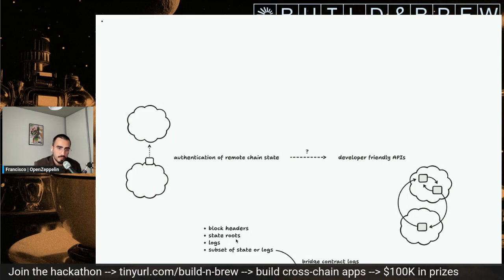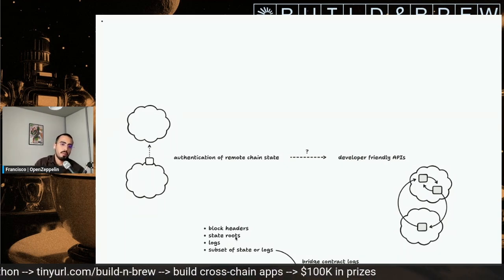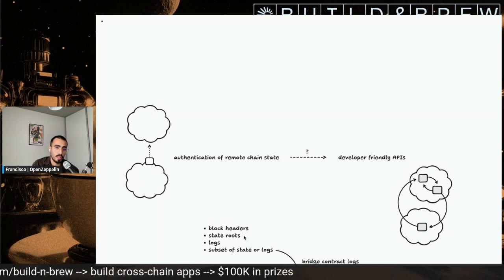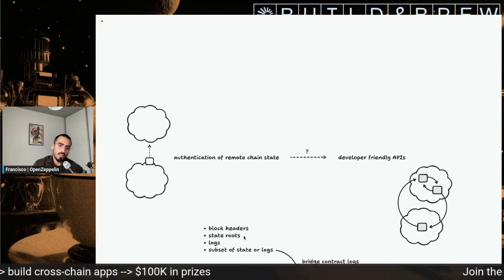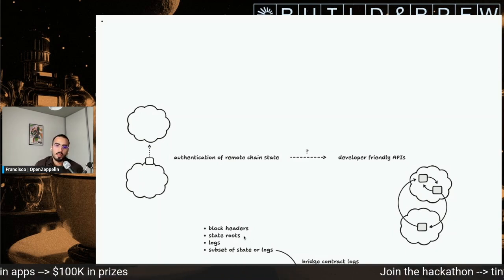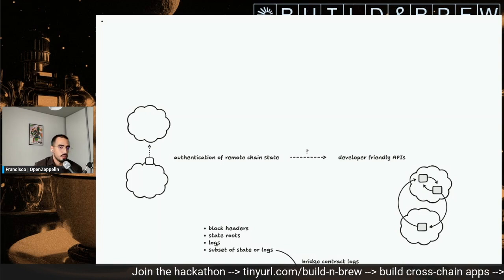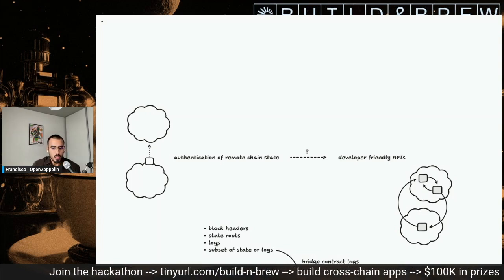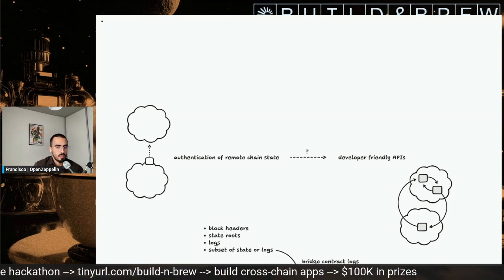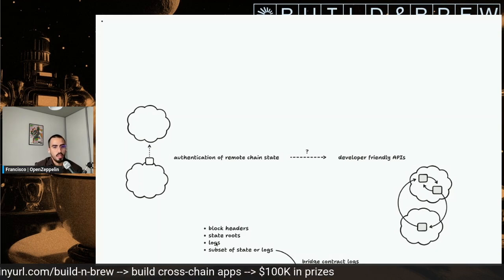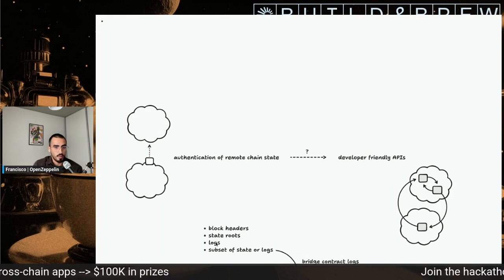And it's a little bit better. It doesn't have the problem of the storage layout that we said before, but we might consider that it has other problems. So, for example, if you have the logs of the remote chain, you're able to prove that a certain token transfer happened, but you might not be entirely sure that it is the specific token transfer that you care about.